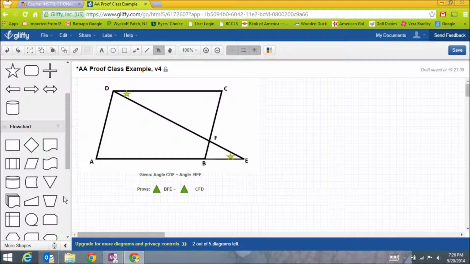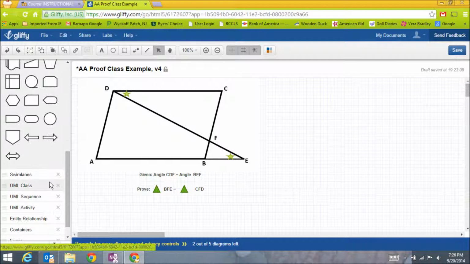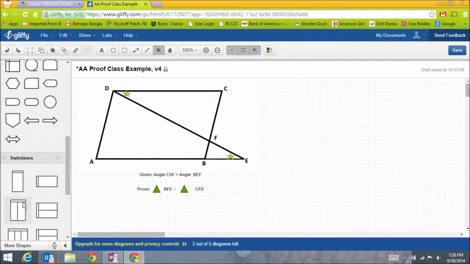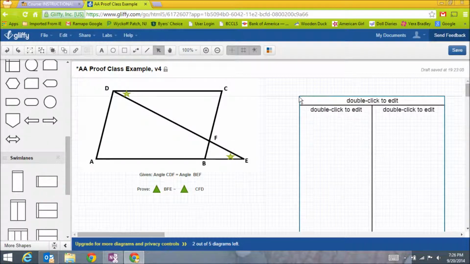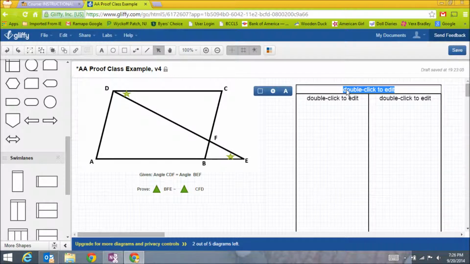So now let's start our proof. To start our proof, we're going to use the T-chart model. Up at the top of our proof, like any geometry proof, we're going to want to have our first column that says statement and our second column that says reason. Our first statement is going to be that we found a pair of congruent angles.